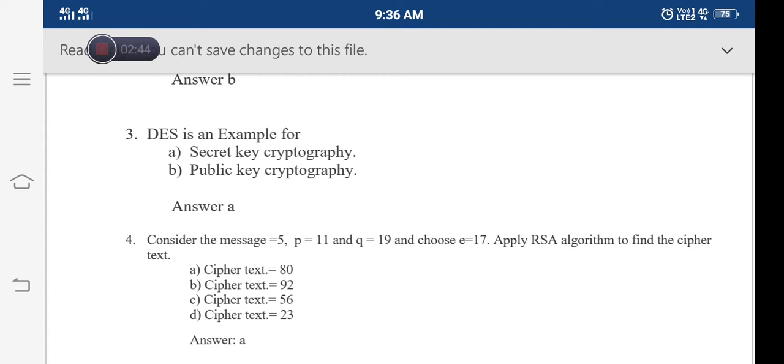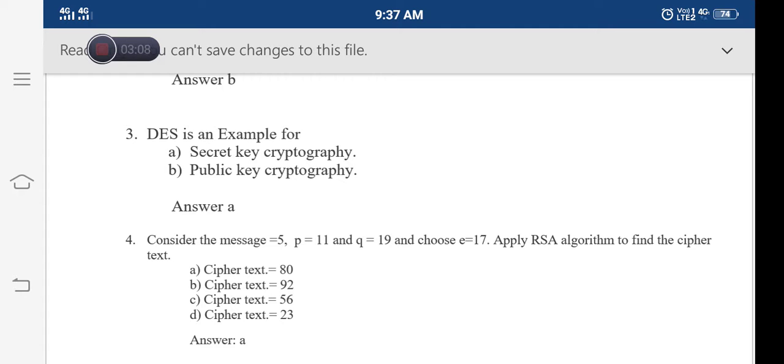Then the encryption key, that is the public key, known as the E value, is already given here as 17. Using this, you can calculate the private key, that is the D value. Encryption will be done with the public key E, and decryption will be done with the private key D value.